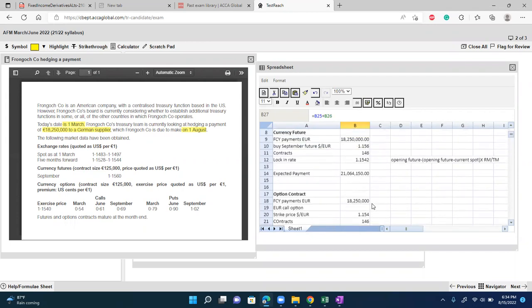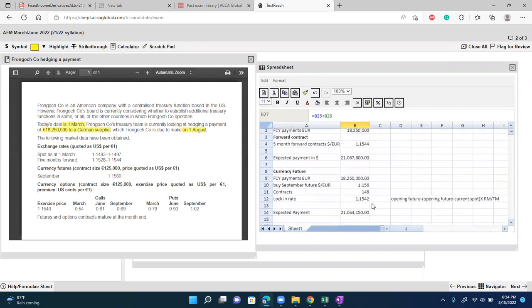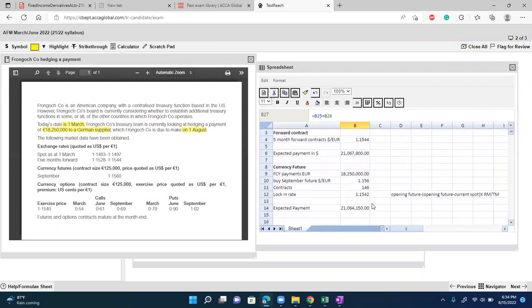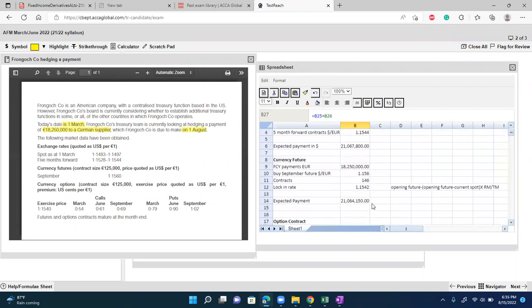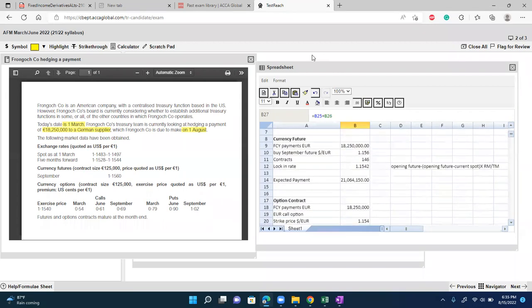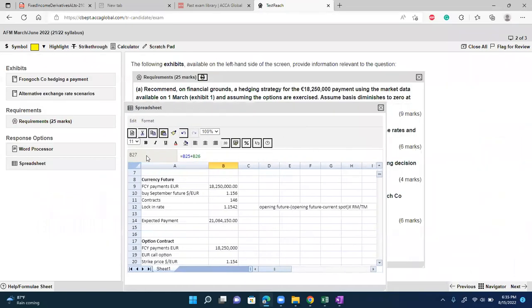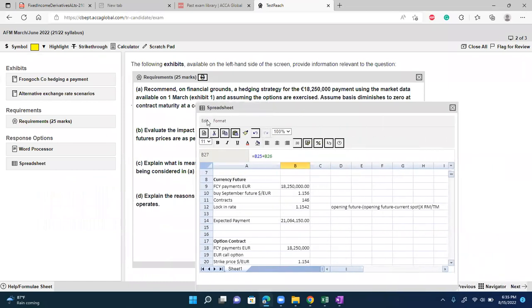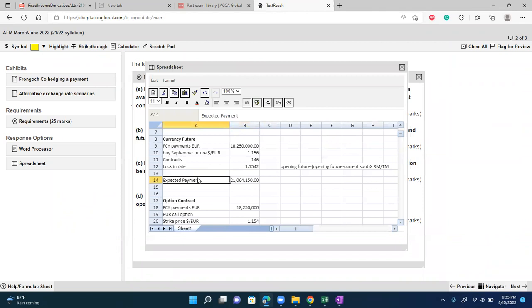So under option, we have to pay 21.186 million. Under future, we have to pay 21.064 million. Under forward, we have to pay 21.067 million. So which one will be recommended? Under the future, the answer is 21.064.